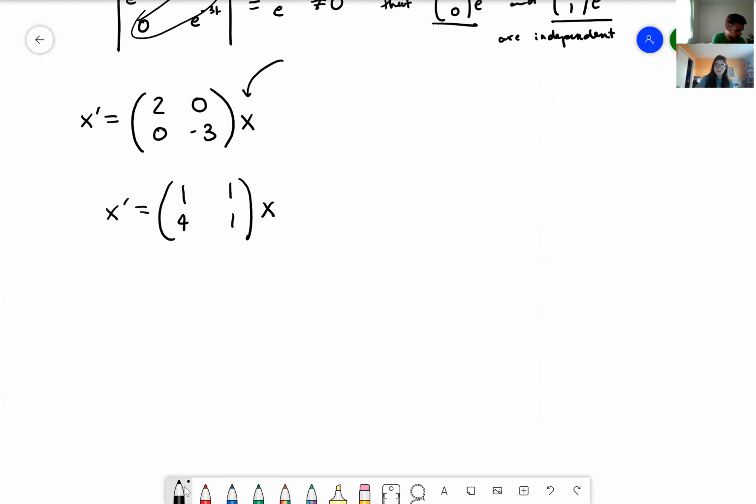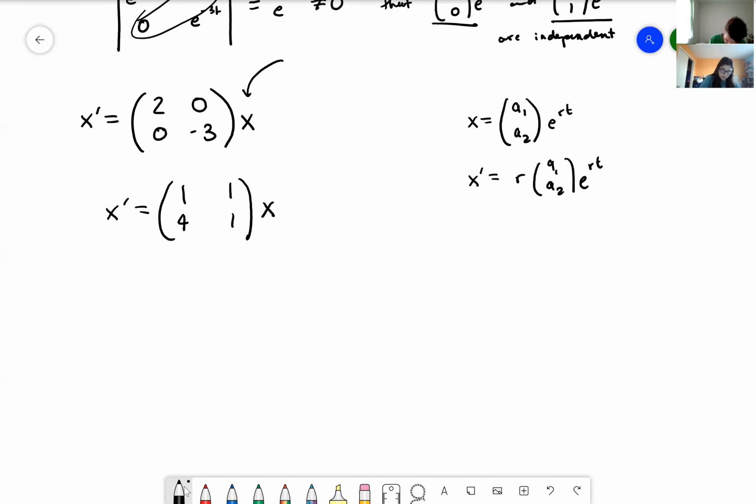So this is a matrix 1, 1, 4, 1. And if we take x equals, call it a1, a2 times e to the RT, we compute the derivative of this, r a1, a2, e to the RT. We plug this into our equation.